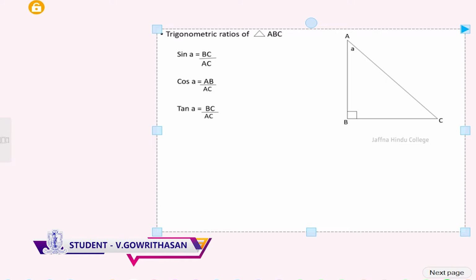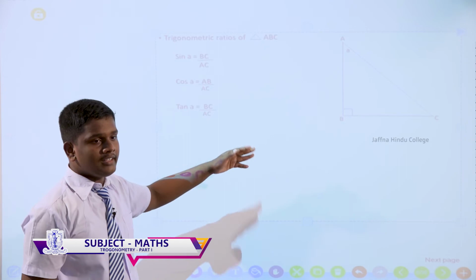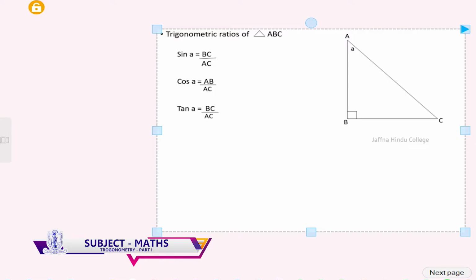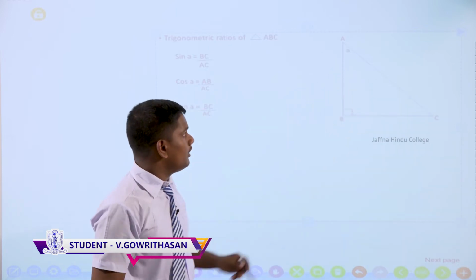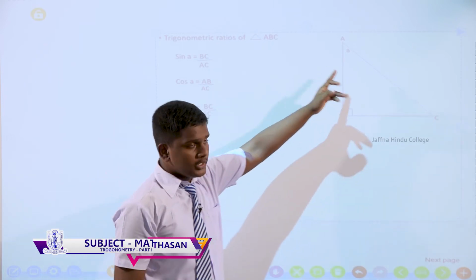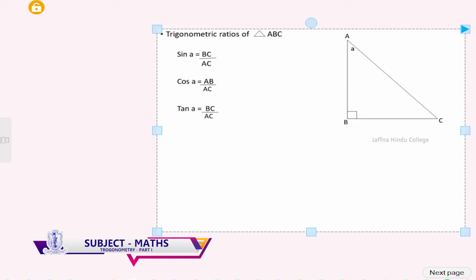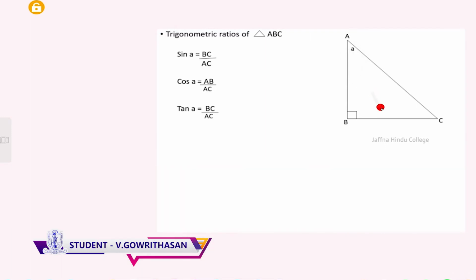So now write the sine function, cos function and tan function according to the sides given. Let's write the sine value of angle A. Sine means opposite side by hypotenuse. The opposite side of angle A is BC and the hypotenuse is AC, so sin A is BC by AC.